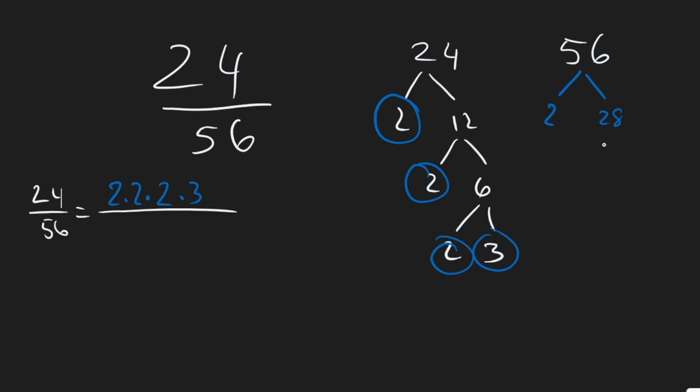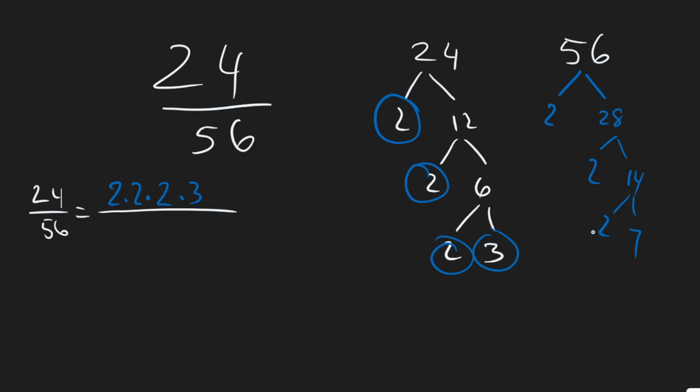And we get 2 again. 28 is even, so 28 divided by 2 is 14. 14 divided by 2, and we get 7. 2 and 7.